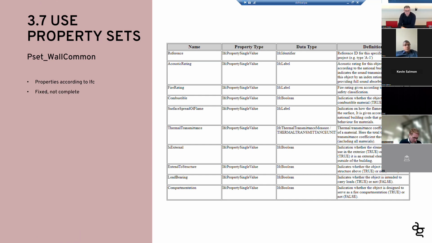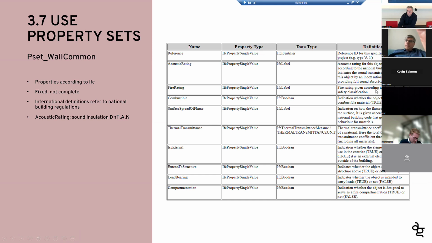This is from buildingSMART International, so this is a fixed list, but it's not always complete. And there are international definitions. They may refer to the national building regulations. Like here, you could say the fire rating always says, according to the National Fire Safety Classification. And that's why fire rating is a text and not a number, because we would say fire rating is 0 or 30 or 60.